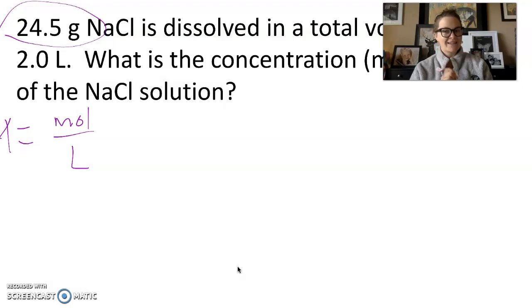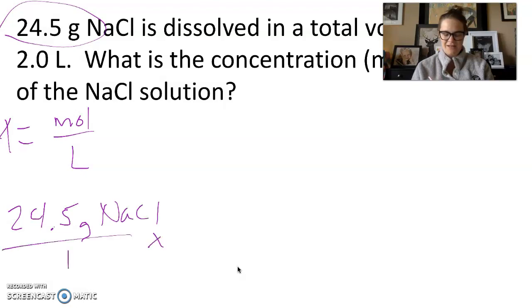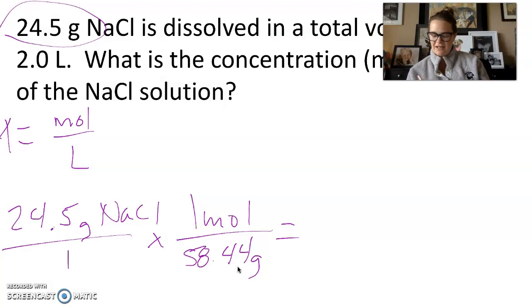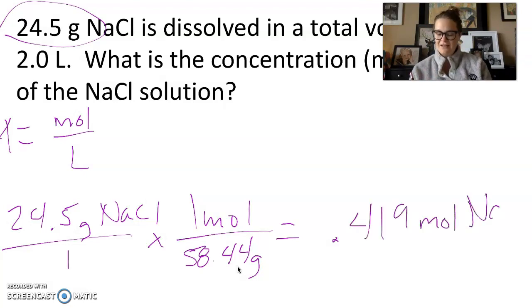We're converting. We need to take the 24.5 grams of NaCl and put it over 1. When you add Na and Cl together in the periodic table, we get 58.44. And then I got 0.419 moles of NaCl.